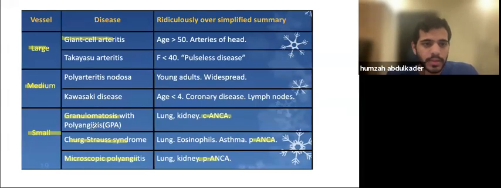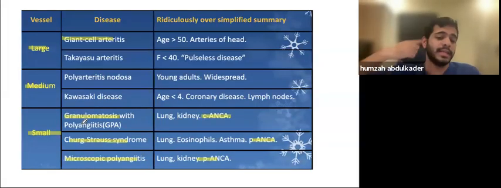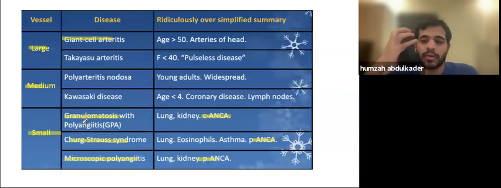Additionally, this one, GPA, like I said, is a C, so it affects the nasopharynx. So you can get sinusitis, you can get symptoms up here. But with MPA, you get no sinusitis symptoms, no nasopharyngeal involvement, just the lungs and the kidneys. So that's a way to differentiate the different types, because I know it's a lot of names, so it can get confusing.